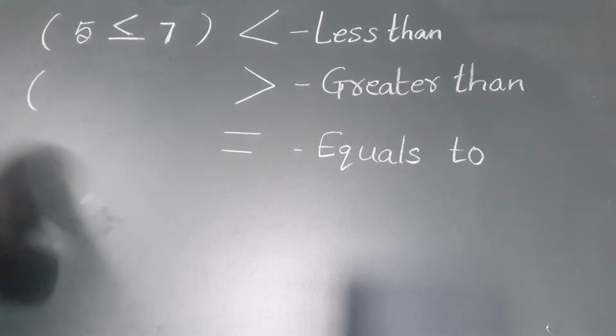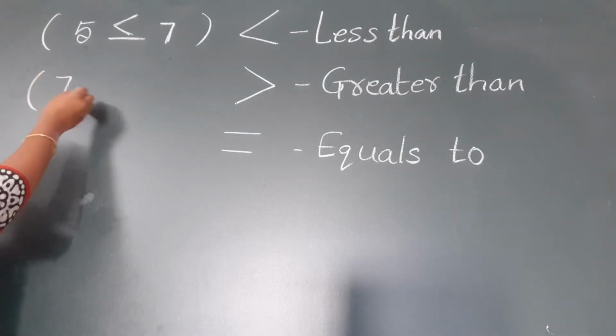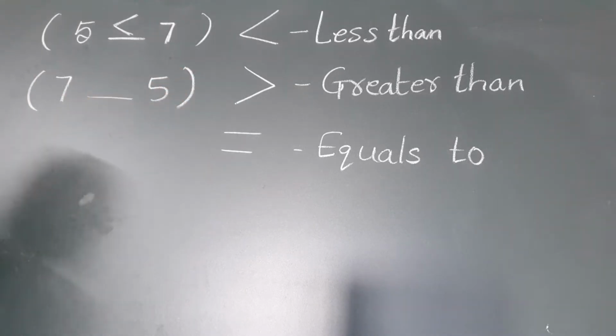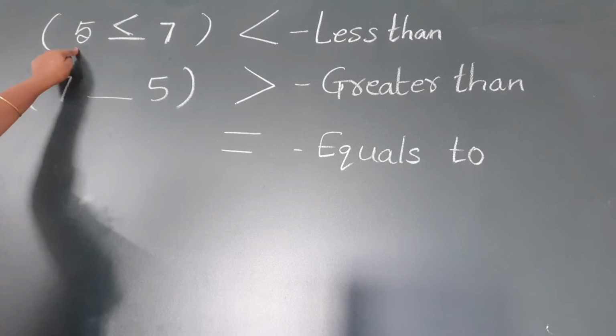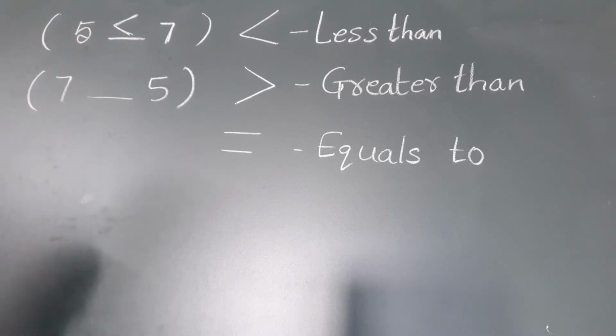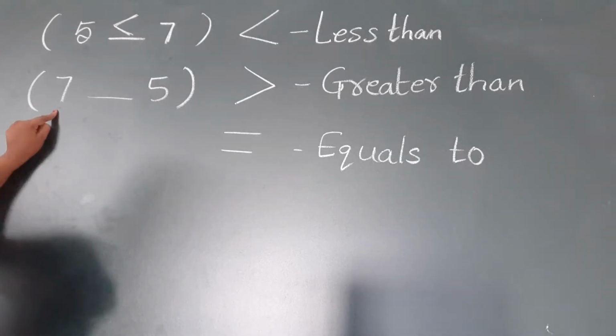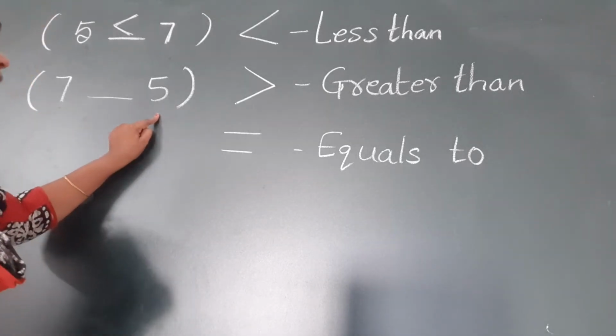And then the second one, I am using 7 and 5. Here we compared 5 and 7, and here also we are comparing the same numbers, but first here I wrote the number 7 and then I wrote the number 5.